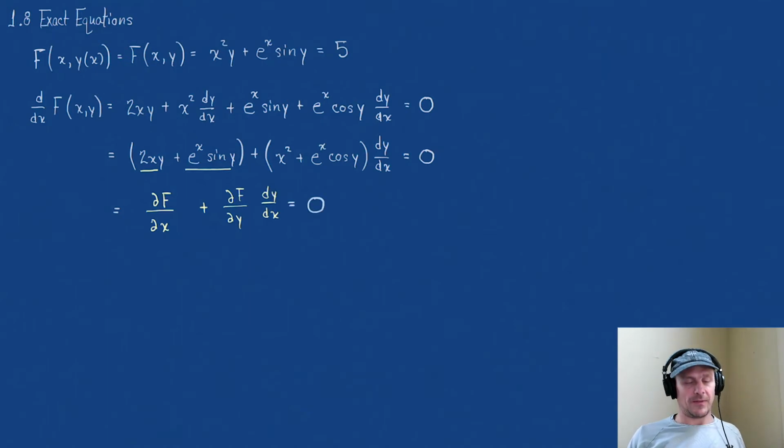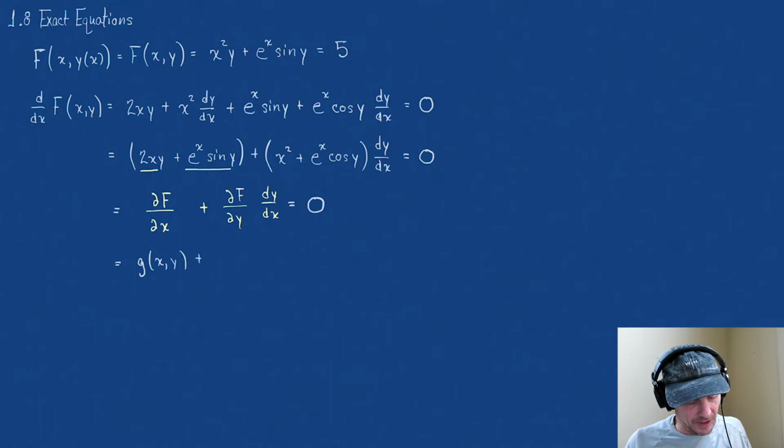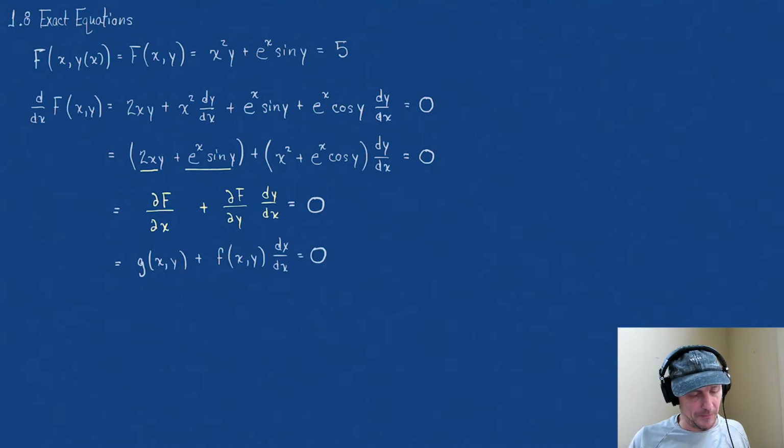Okay, now, a few things to note at this point. Our author calls these pieces the following. He calls this first one a function g of x and y, plus the second one is a function f of x and y, dy dx equals 0. Okay, and here's another piece.